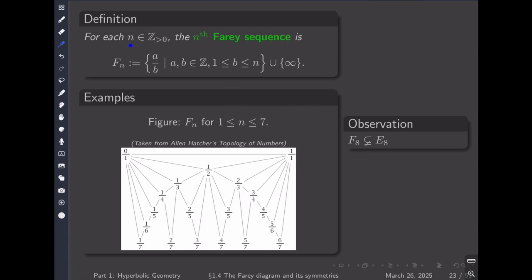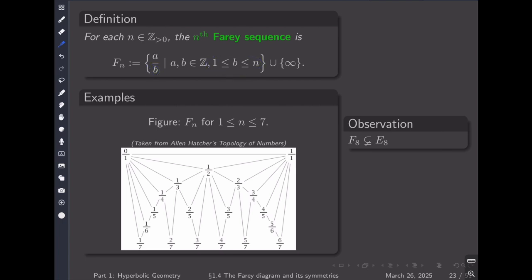Now, for the nth Farey sequence, what we take is all the rational numbers that can be written with positive denominator at most n.